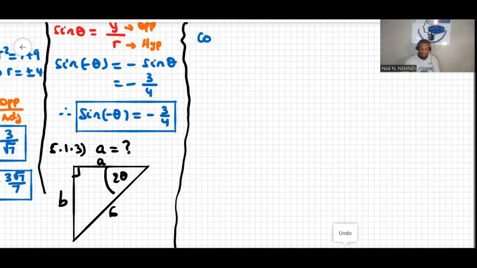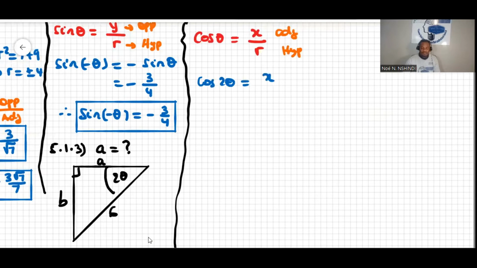From the formula, cos of the angle is equal to adjacent over hypotenuse, so x over r. This is adjacent, and that's the hypotenuse. So in this situation, cos of 2 theta equals x over r, where x is A, so A over the hypotenuse, which is 6 units.